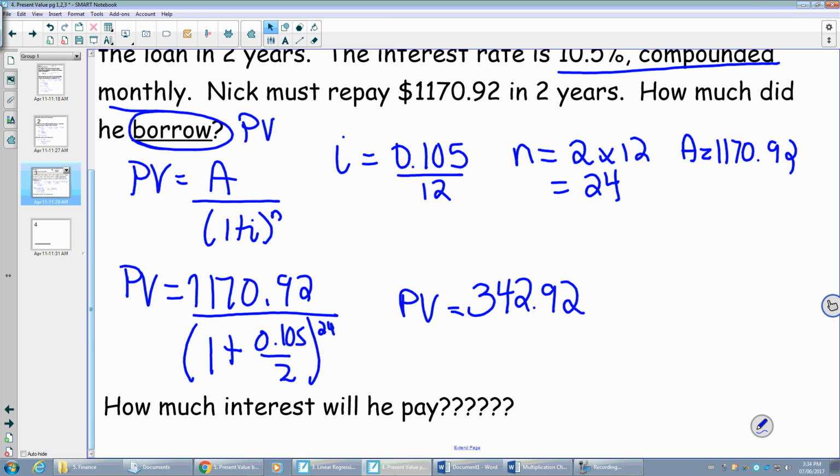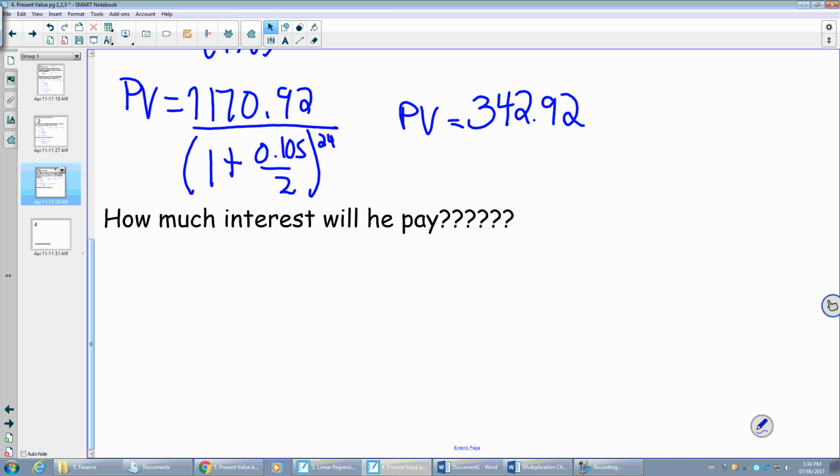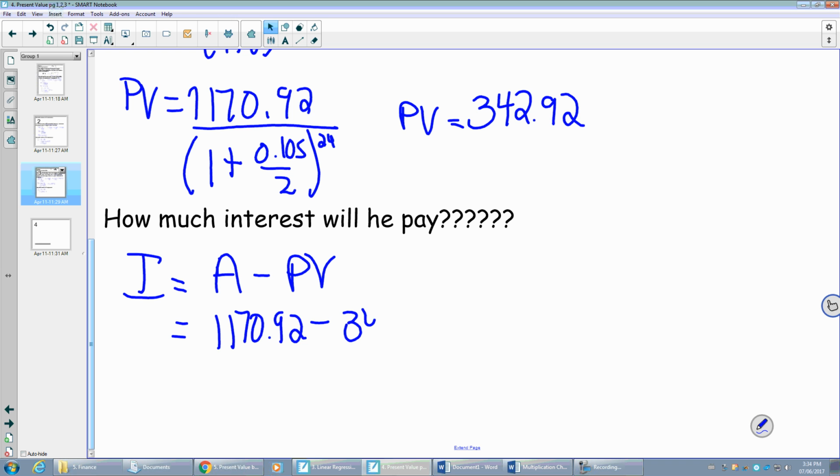Now, when I want to calculate the interest on this, hopefully I did my calculations correct. I is equal to my amount subtract my present value. So my amount is $1,170.92 minus my present value here.